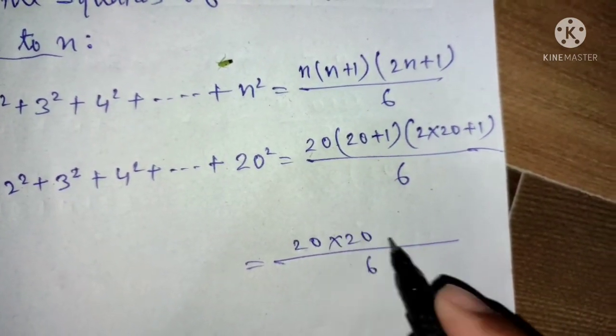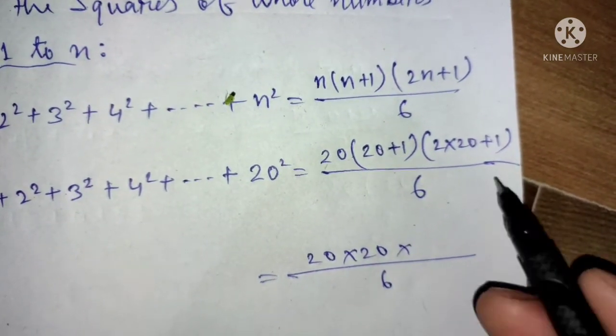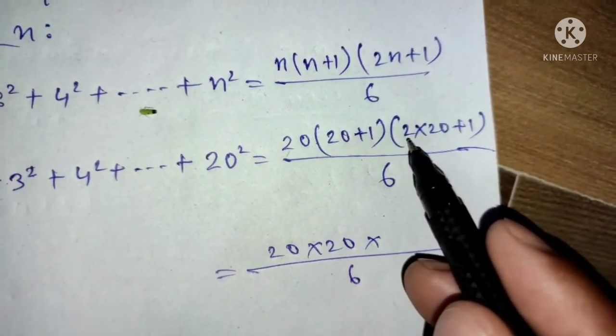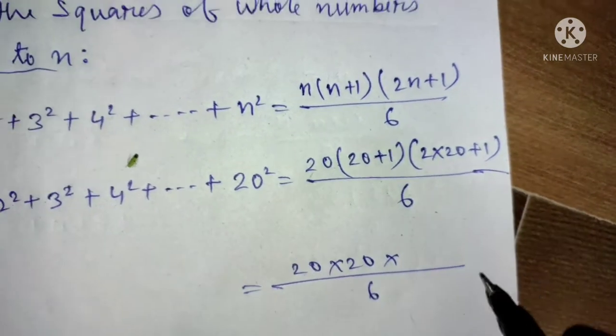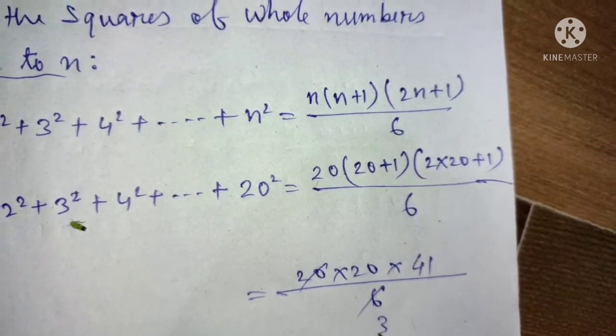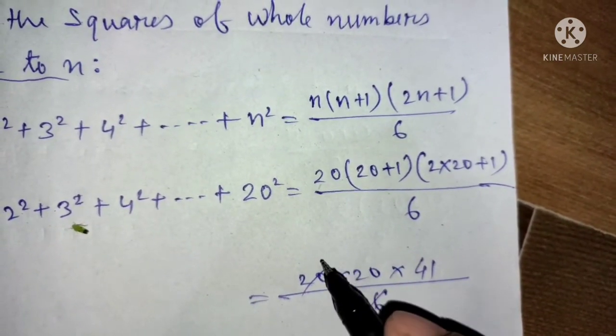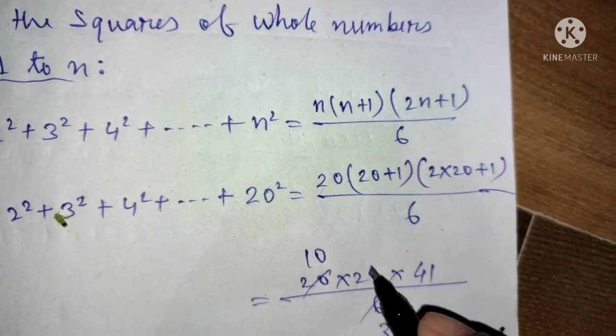20 plus 1 becomes 21. Then 2 into 20 is 40, and plus 1, 41 we can write here. So cut it by 2, you get 3. This is your 10, this is 21.